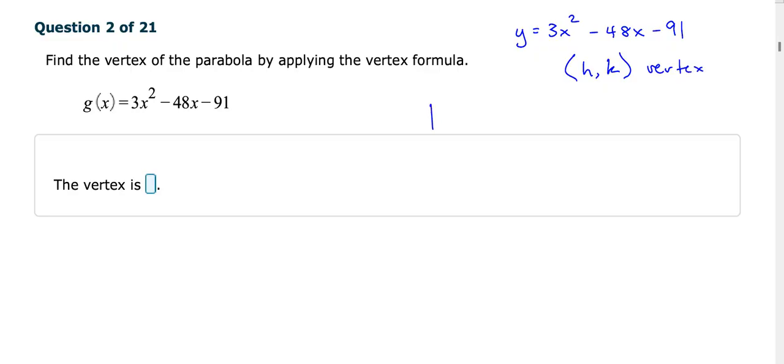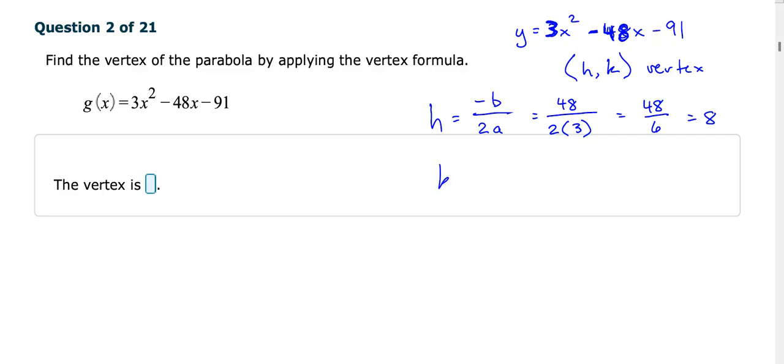So the x value of the vertex is always negative b over 2a. So b is negative 48, so negative b is going to be positive 48 over 2 times 3. Here's your a. Okay, 48 over 6 is 8.